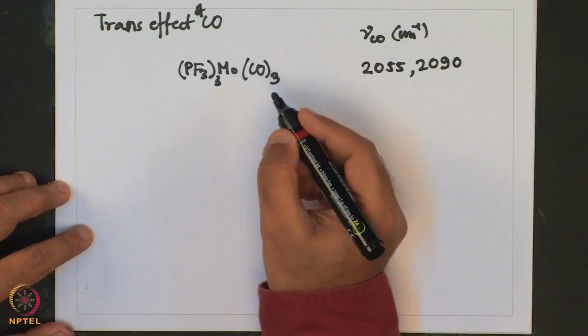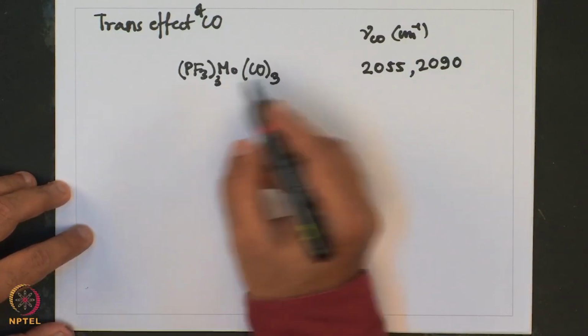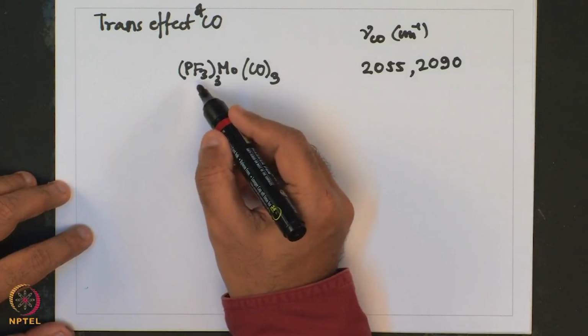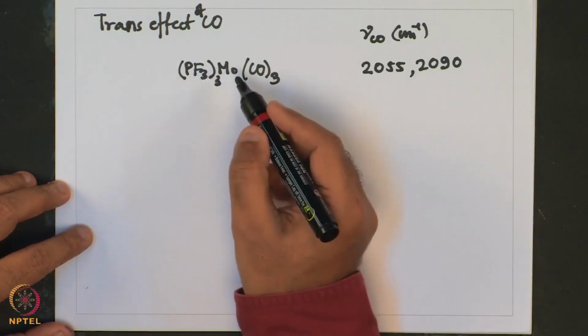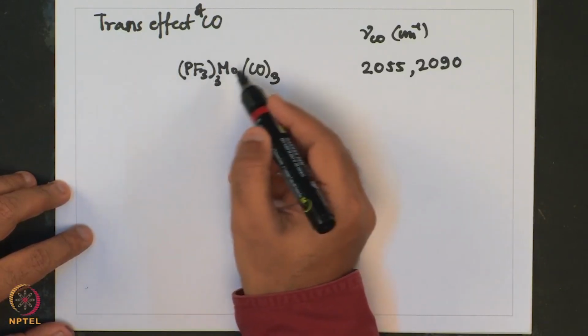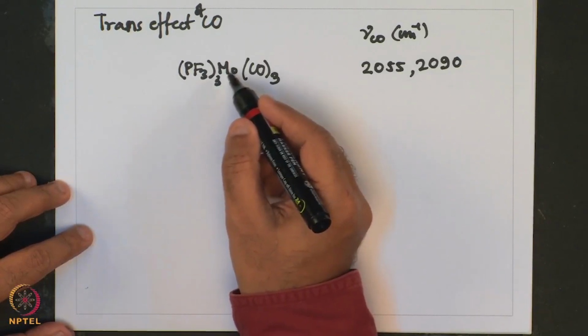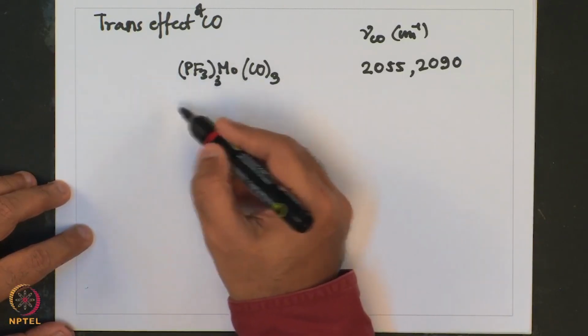That means that PF3, fluorine being a highly electronegative atom, is sucking away some electron density from molybdenum towards itself.